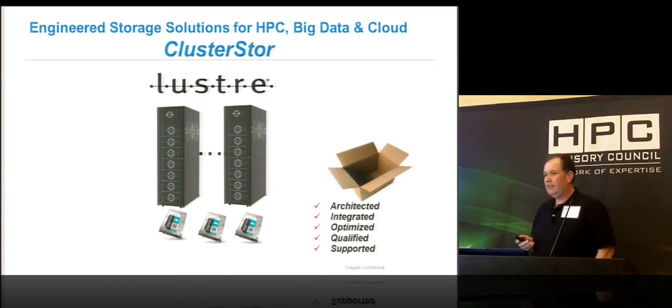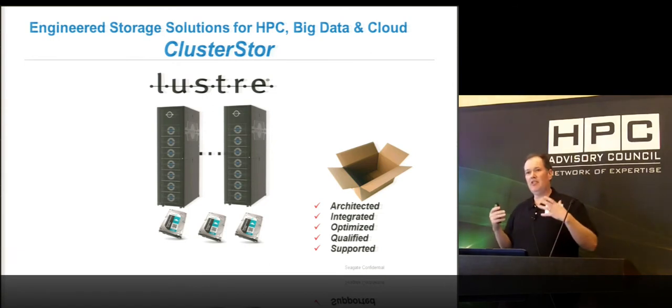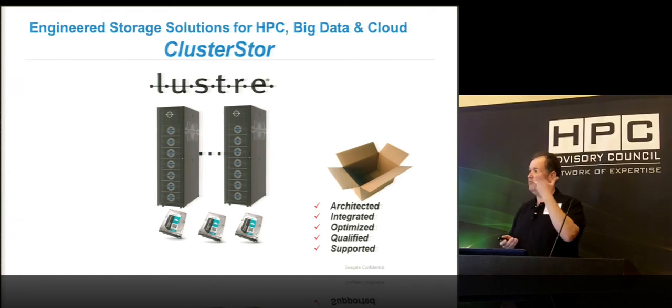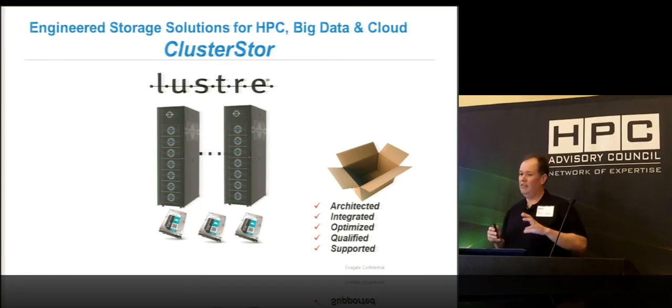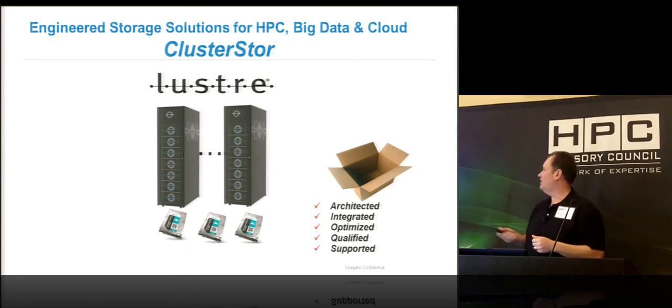And to do that, there has to be a fair amount of architecture involved, to make sure that we actually have an integration between the Lustre parallel file system, this open source file system, because you could just run that on anything, but it might not behave quite the way you want it to. If you're actually going to integrate it with the hardware from Seagate, you're going to have to optimize it, make sure that it behaves correctly and performs well, a series of qualifications, and make sure that this is supported.